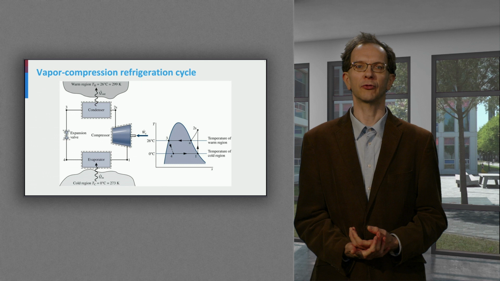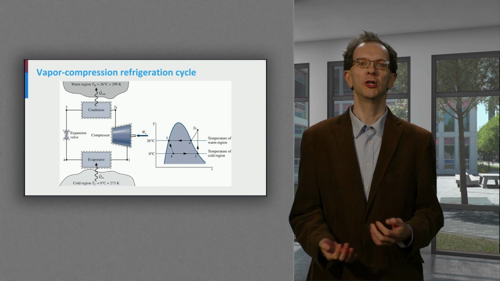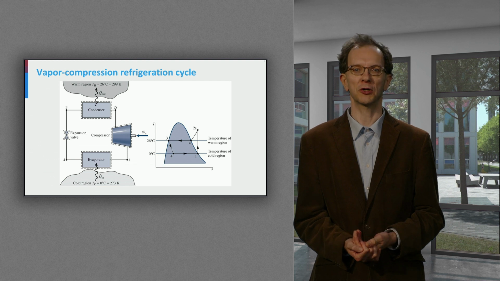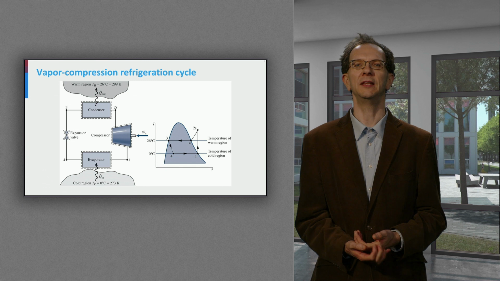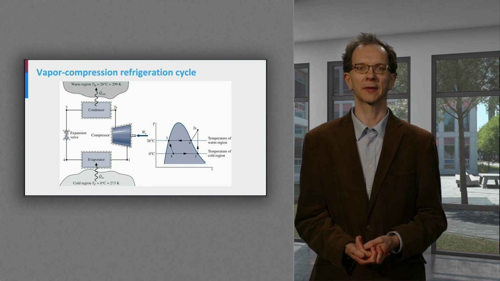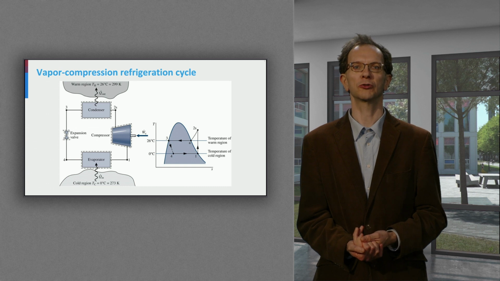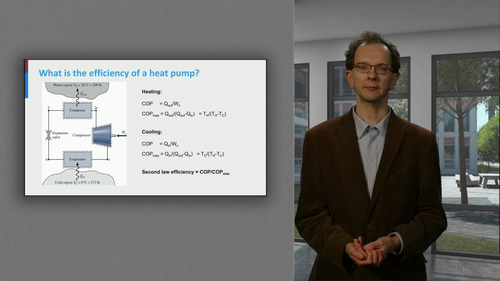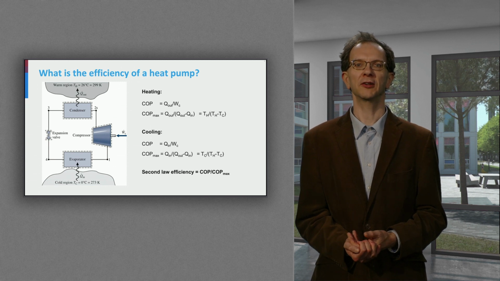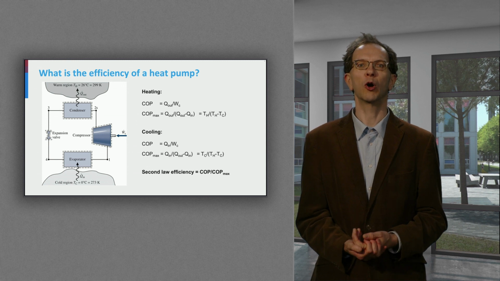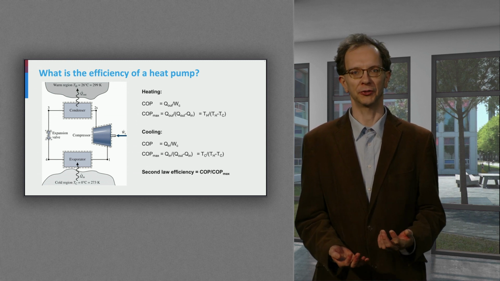In an expansion valve, the pressure is reduced to that of the cold region, state 4, and the working fluid is partially evaporated, after which the cycle starts again in the evaporator. In the TS diagram on the left, the thermodynamic states 1, 2, 3 and 4 are illustrated. The net effect of this cycle is that due to the work of the compressor, heat is transferred from a low temperature to a high temperature.